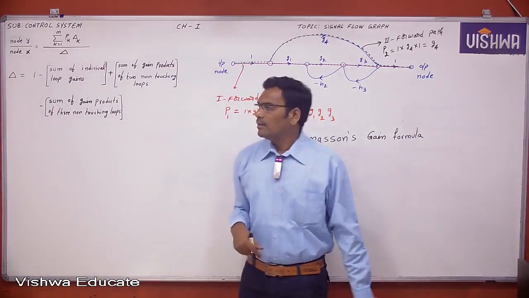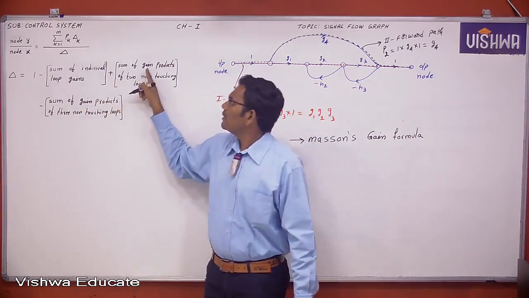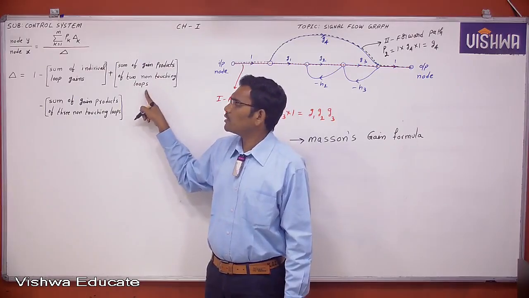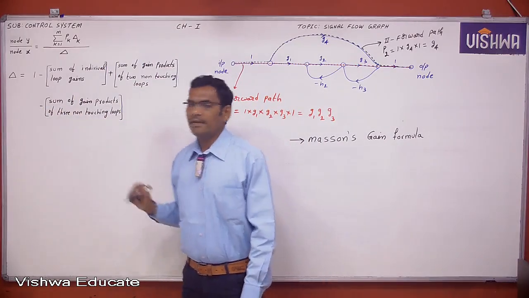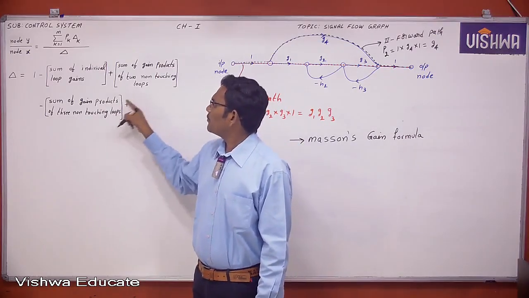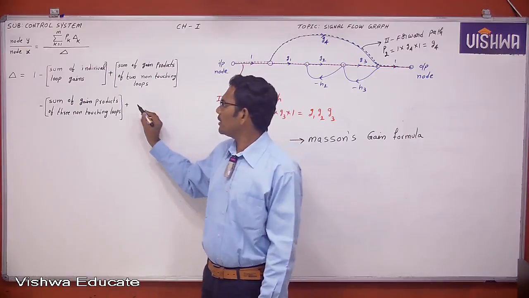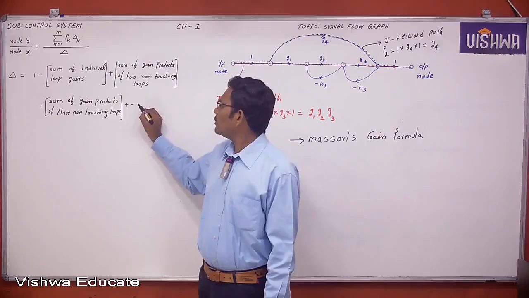Understand or not? Next, plus sum of gain products of four non-touching loops, minus sum of gain products of five non-touching loops, and so on.